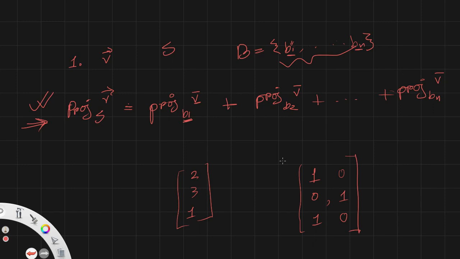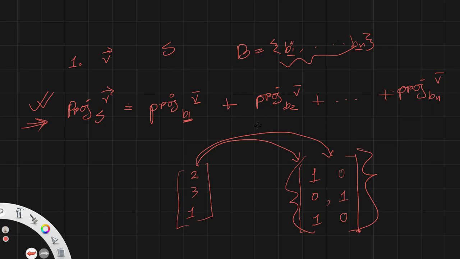I'm not really sure, I don't think they're perpendicular to each other. (1, 0, 1), or probably they are, yeah, they are perpendicular to each other. So if you try to project this vector onto the space spanned by these two vectors, you project this vector onto the first vector plus you project this vector onto the second vector, so that is your result.